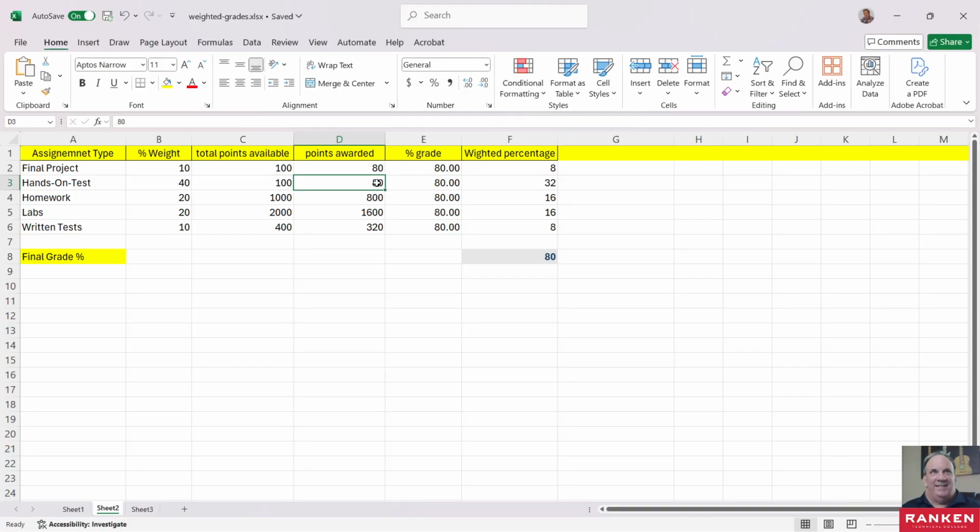Hands-on tests are very important, and this is kind of how the grade weighting works. So don't always look at a 100-point hands-on test as being the same as a 100-point lab, right? Because here you could almost do, couldn't quite do a 0 on that. You could do almost half points. You'd almost pass there, right?